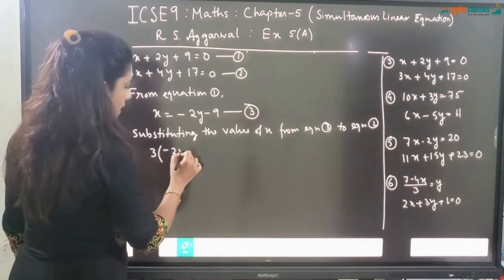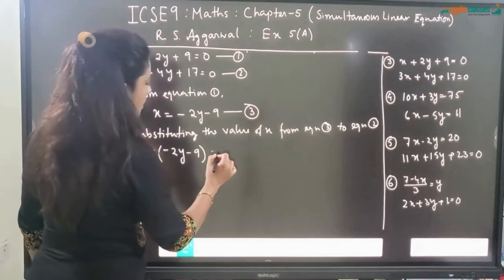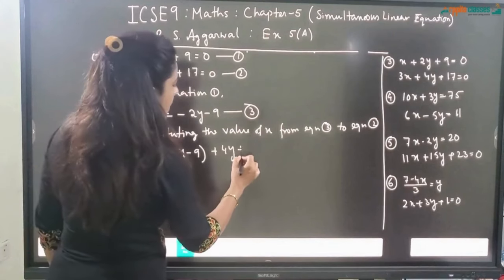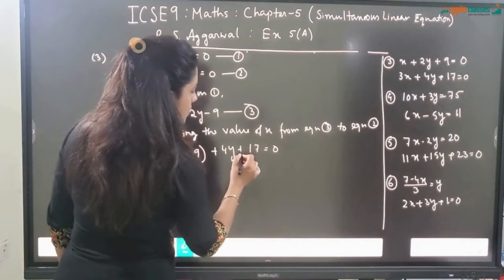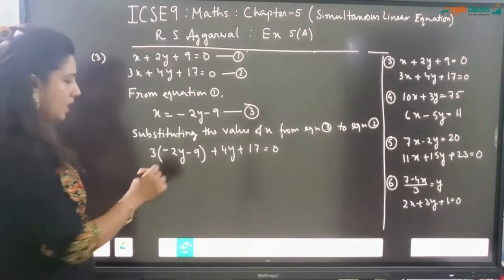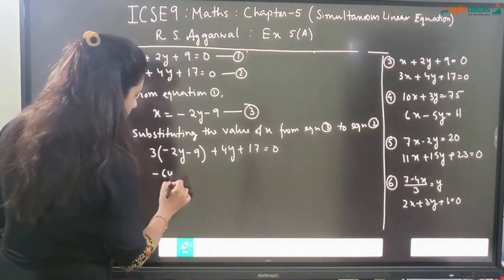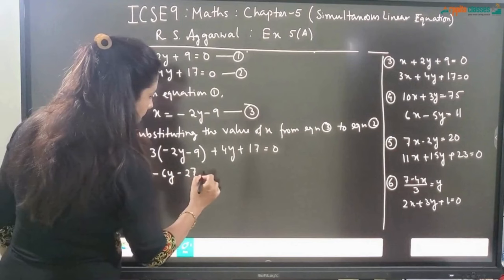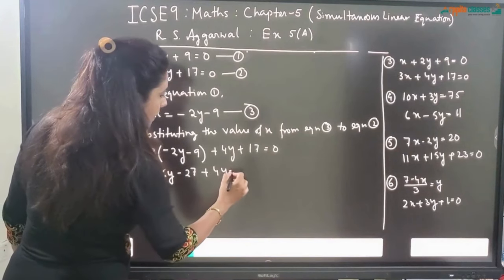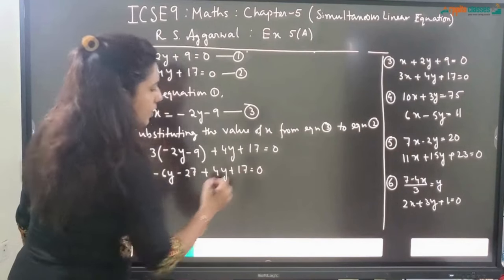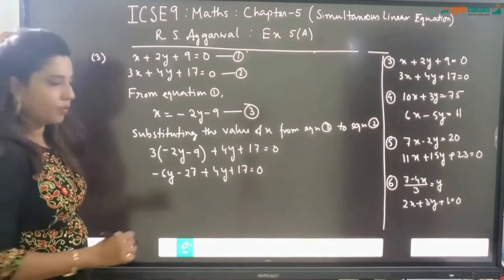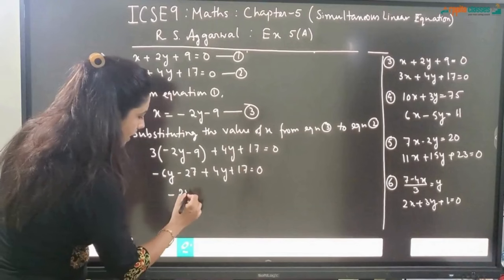Minus 2y minus 9, plus 4y plus 17 equal to 0. Now solve it. This is minus 6y minus 27 plus 4y plus 17 equal to 0. Now minus 6y plus 4y will give you minus 2y.